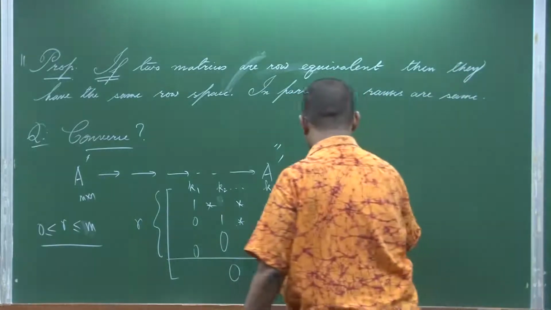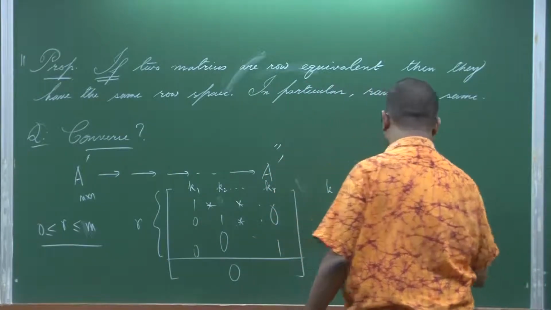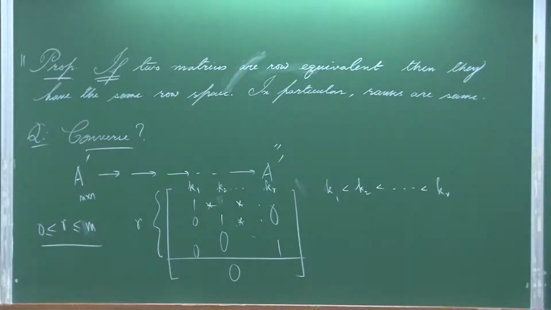Then one must have k1 less than k2 less than up to kr.